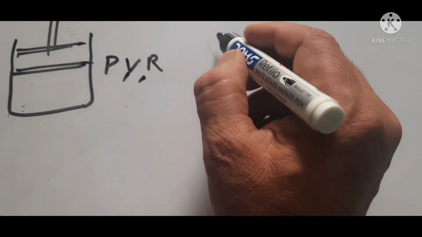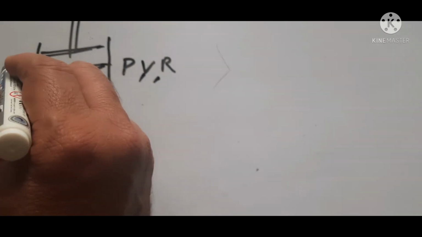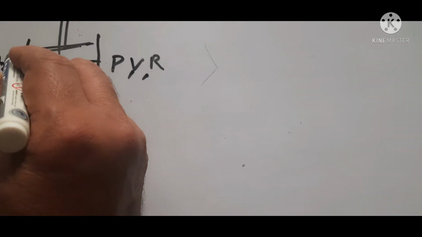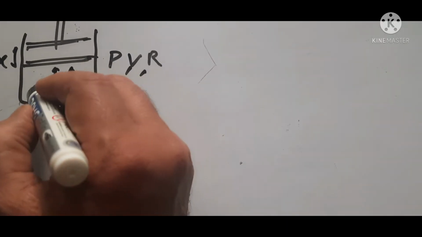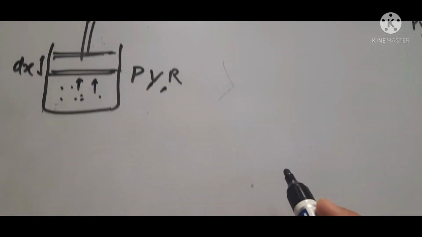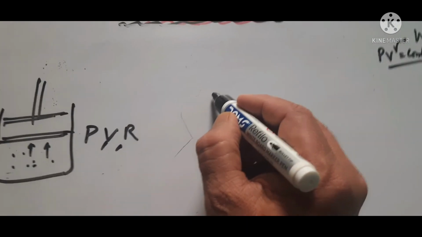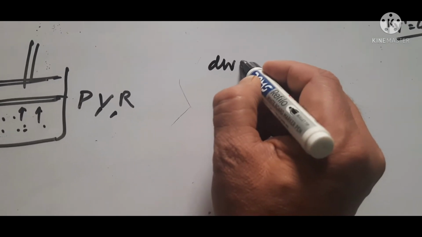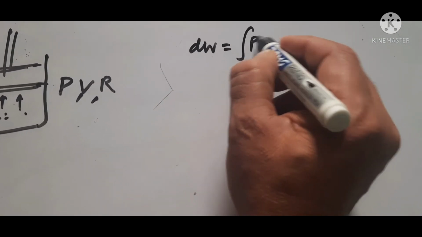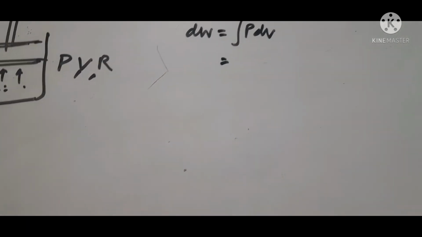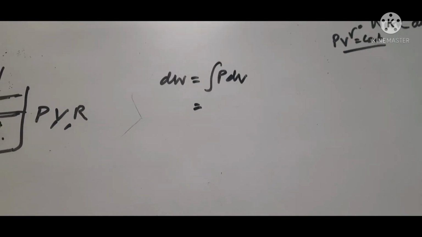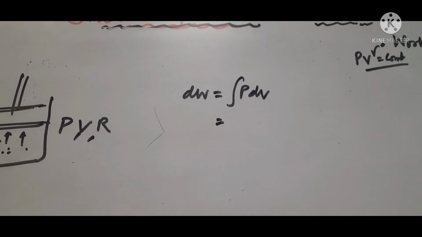Work done we have to find out. Here dx is the displacement when the pressure or the force is exerted. We have taken 1 mole of gas. So again dW is equal to integration of P dV, that we know.